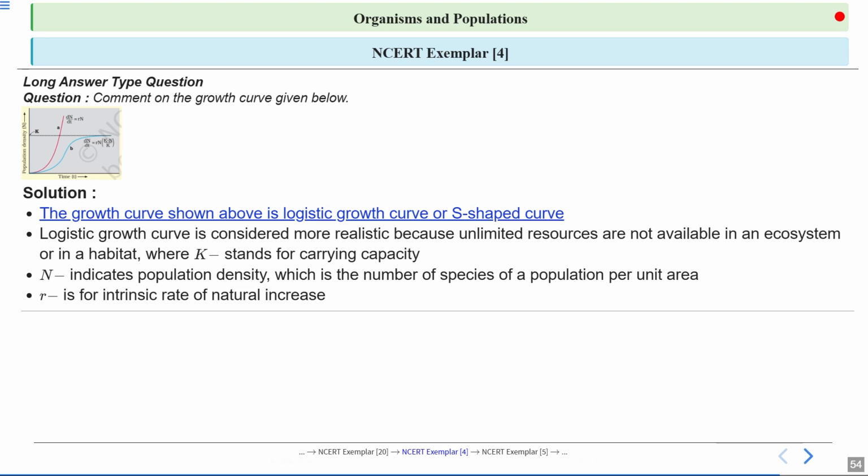This is known as r, the intrinsic rate of natural increase, where the population can grow maximally under ideal conditions. Here, one of the curves is for logistic growth, another is for exponential growth. Here, the logistic growth curve is considered more realistic.